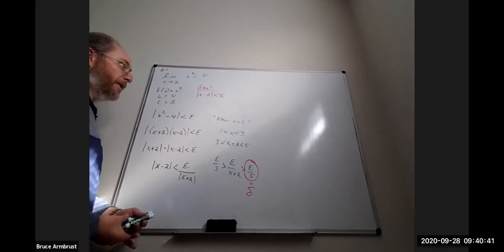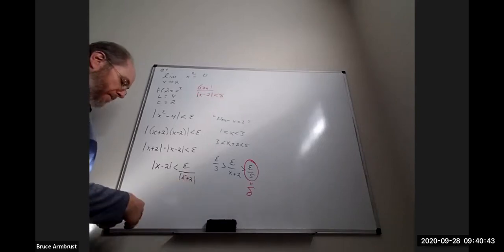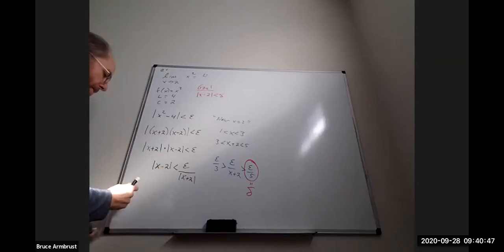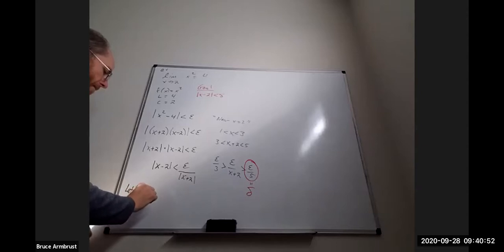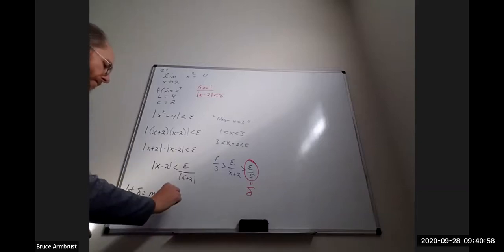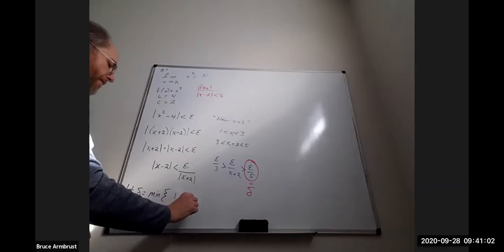So here's how I would write this out mathematically, though. I would say pick delta, let delta equal, and I'll explain this in a second. So I'm going to write min, put parentheses here, 1 comma epsilon over 5.